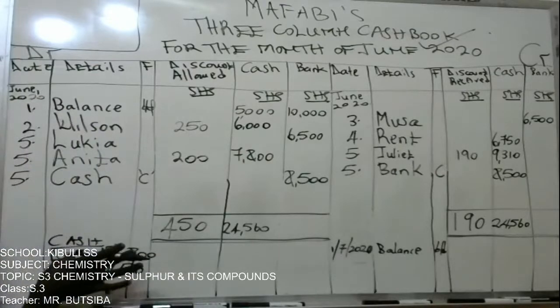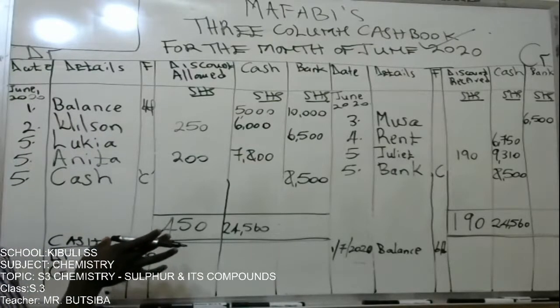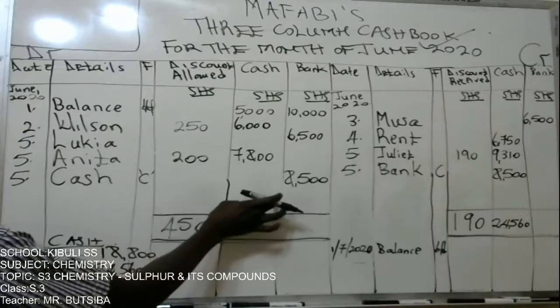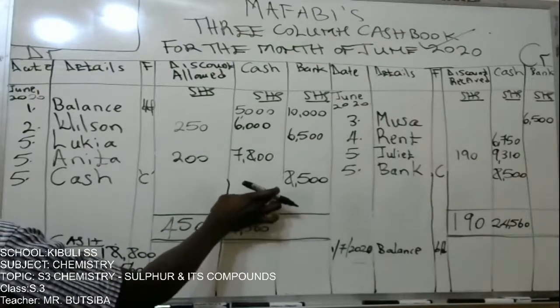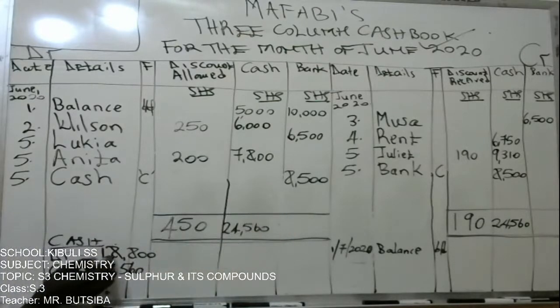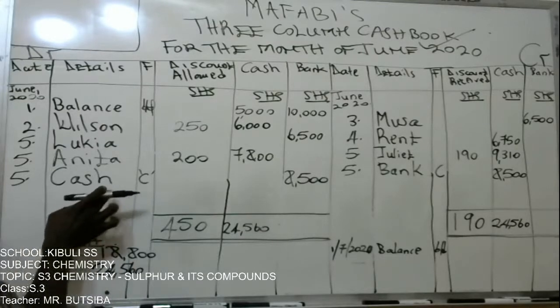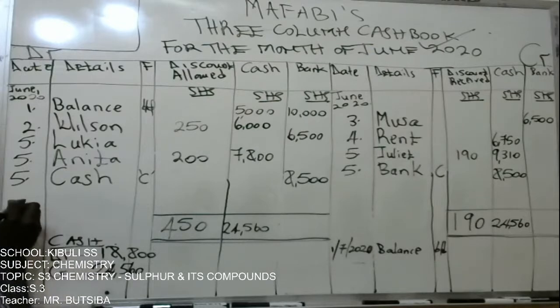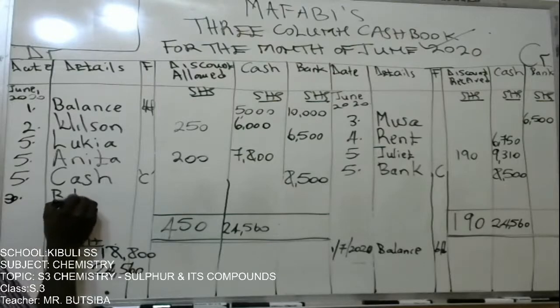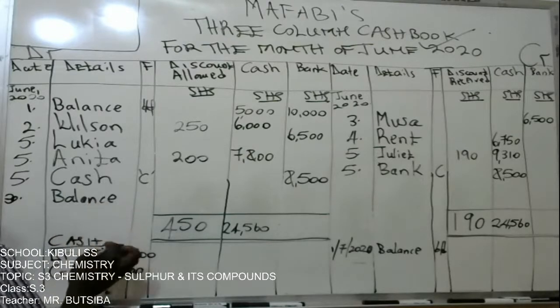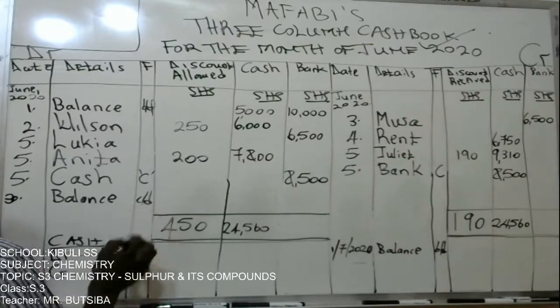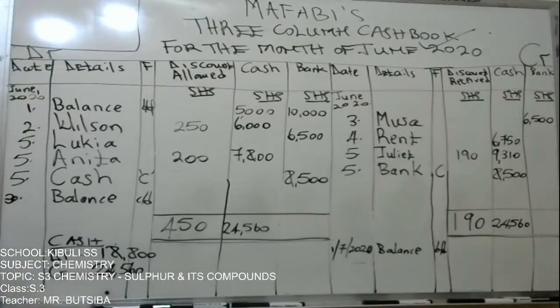Then the smaller amount, the balance carried down, is written on the smaller side. So because our debit was smaller, you see 18,800, that's where we have our balance carried down inside the account on the last date, which is 30th. Then you say balance carried down.